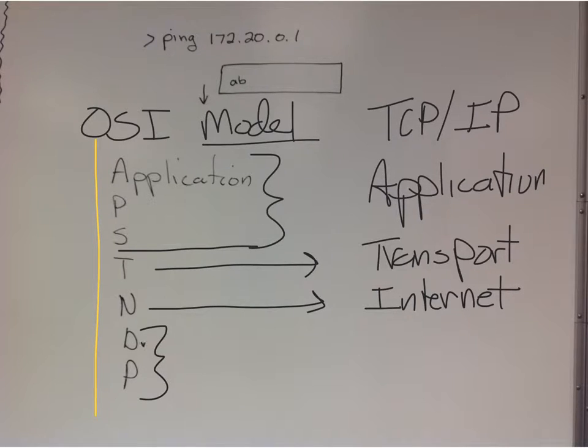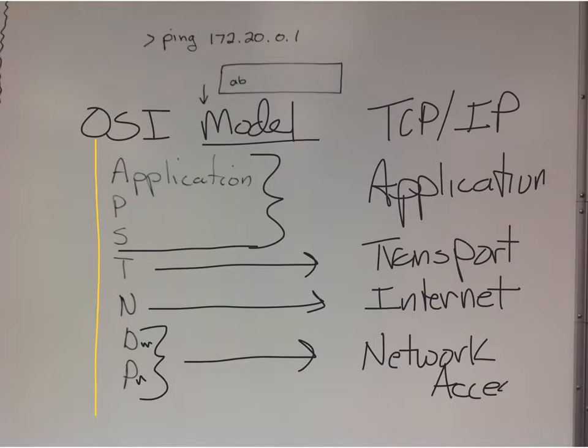These two layers, the data link and the physical layer, really make sense together as network access. How do we access the network? We'll keep talking about this as we move along.